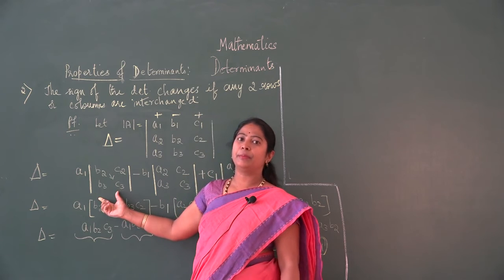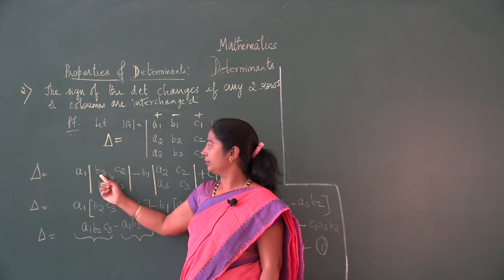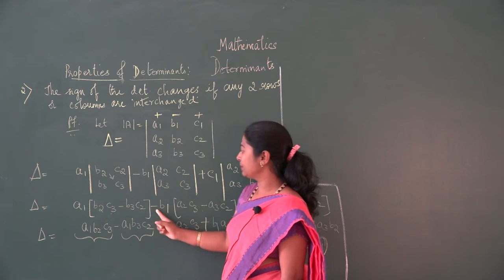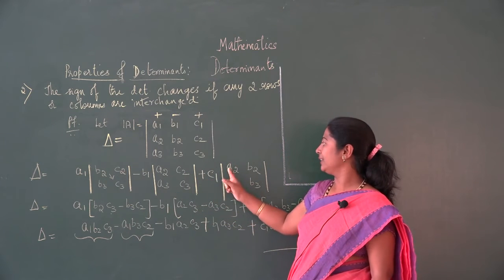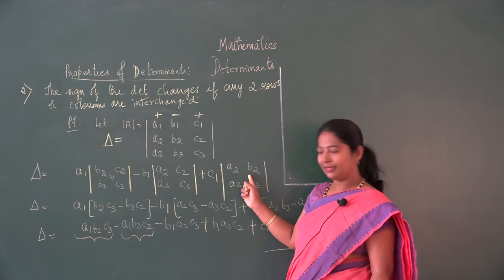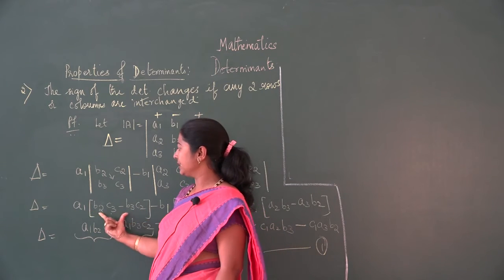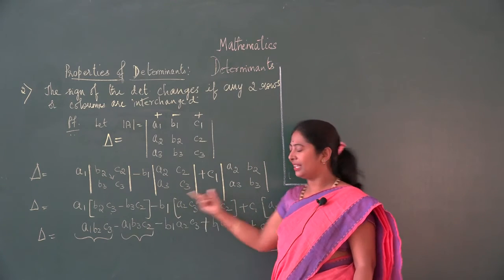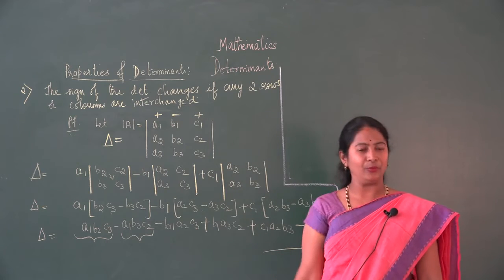Product of the principal minus product of the secondary. That is A1 into B2 C3 minus B3 C2, minus B1 into A2 C3 minus A3 C2, plus C1 into A2 B3 minus A3 B2. After simplifying, multiply the first element by A1, the second by B1 and the third by C1 along with the signs, and call that equation number 1.